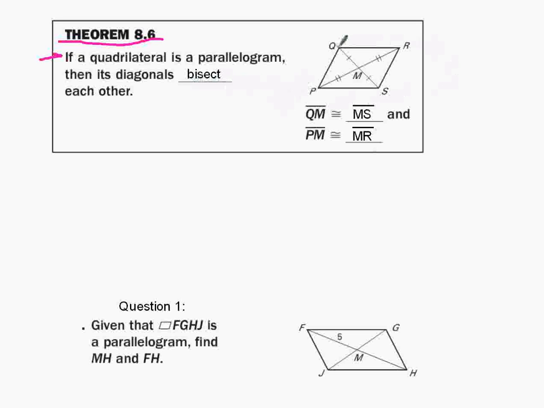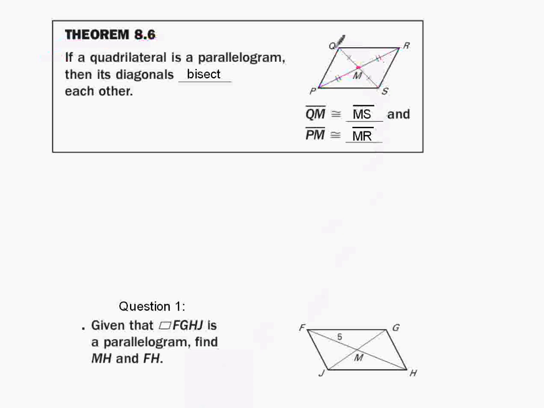Okay, so over in this diagram we have a parallelogram QRSP, and these are the two diagonals. PR is one diagonal, and QS is the other. And they meet at point M. So if you take a look, point M is going to be the midpoint.